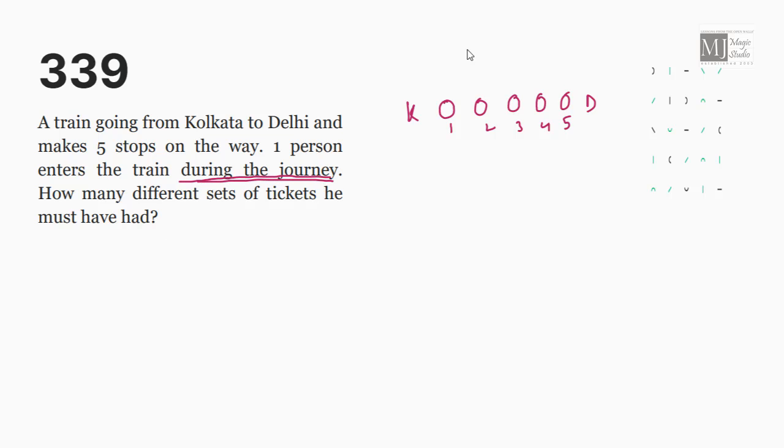That means this person A would have entered at station number 1 or 2 or 3 or 4 or 5. Obviously, he won't be entering at the terminal station, and he hasn't entered at the beginning because it's given he entered during the journey. How many different sets of tickets must he have had?